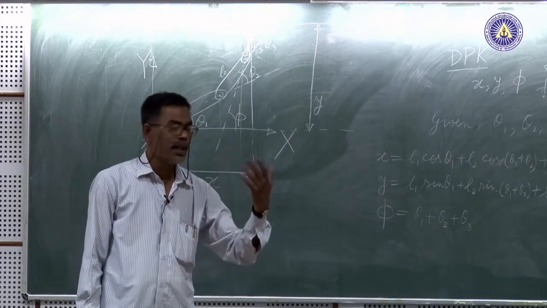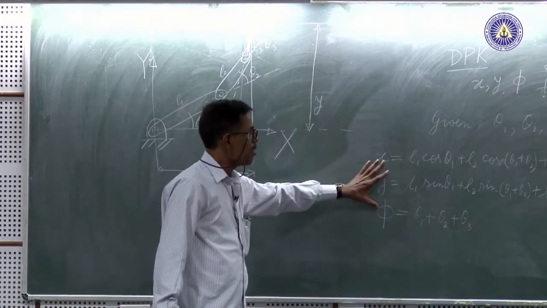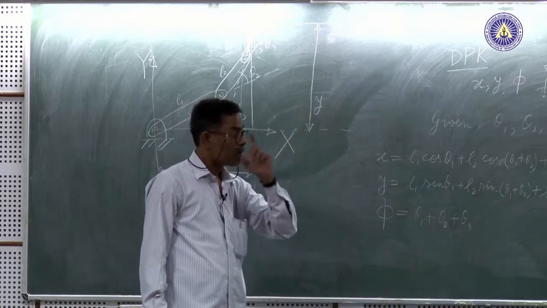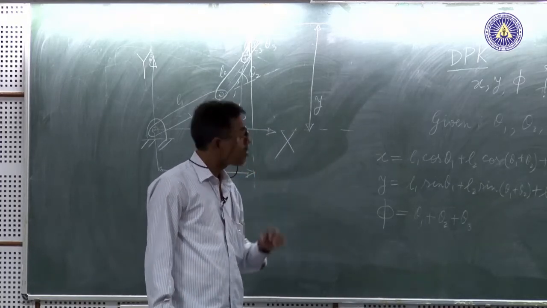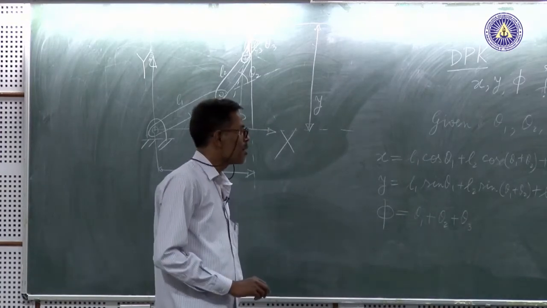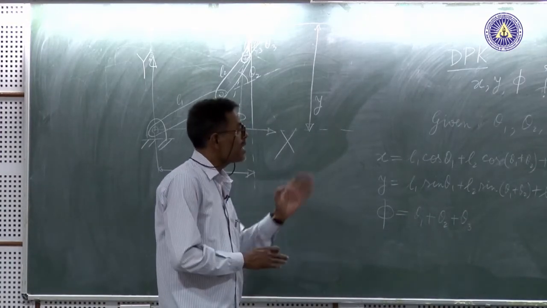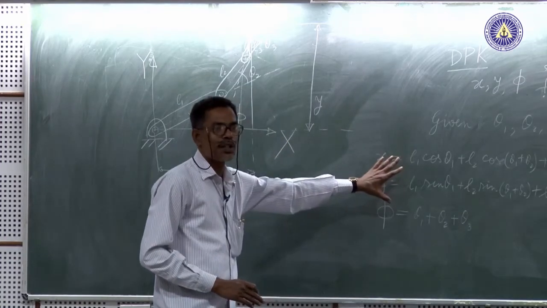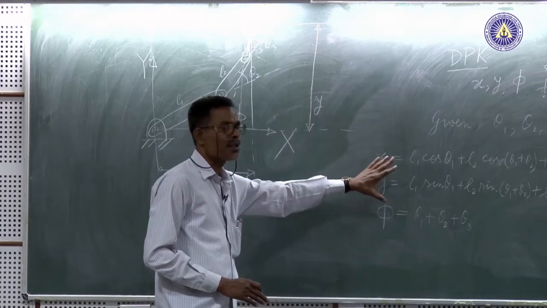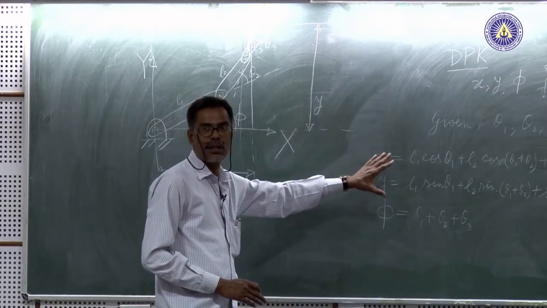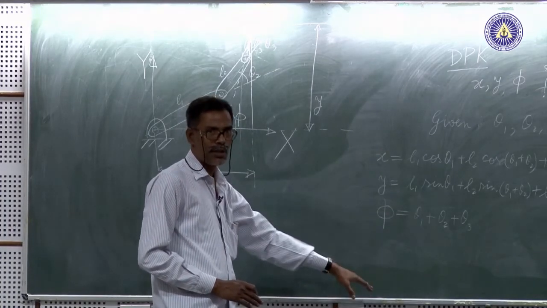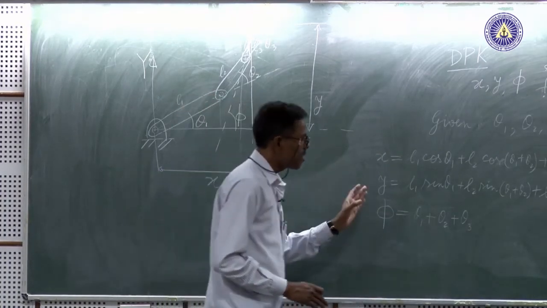So, given x, y, phi, what are the values of theta 1, theta 2, theta 3? Now, answering that just by looking at it is not going to be possible. So, we need to solve these same three equations. Even for solving the inverse position kinematics problem, these equations are important, because we now consider this as a system of three equations in three unknowns and start solving.